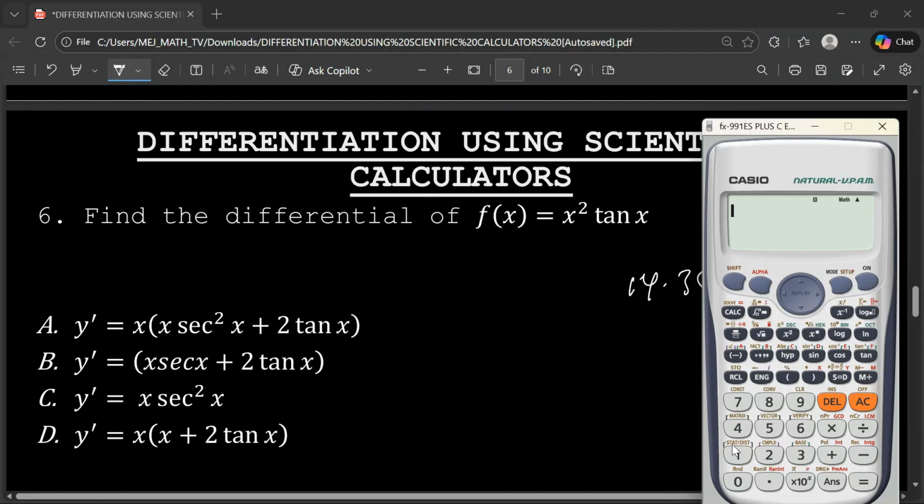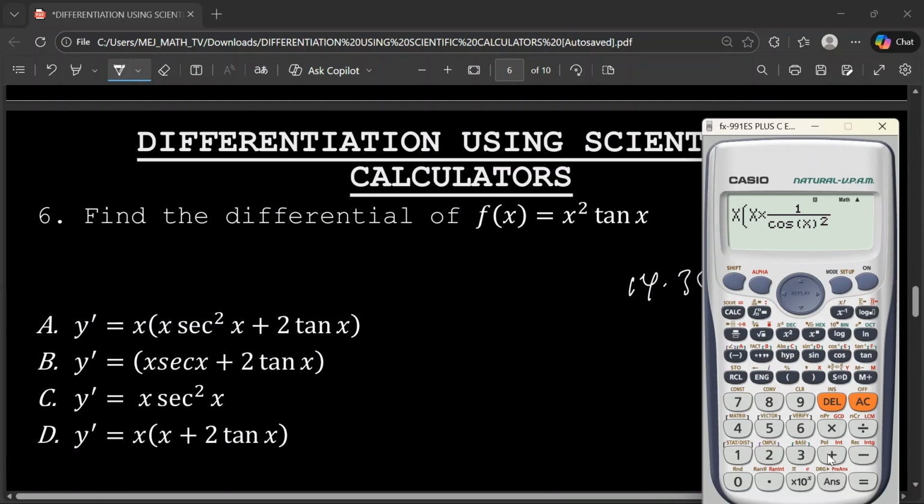So testing the options, we are going to have alpha x times alpha x times sec squared x. Now sec is actually 1 over cos. So you're going to have times 1 over cos alpha x, and this is squared.